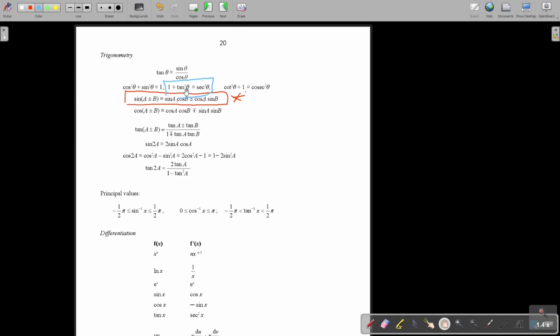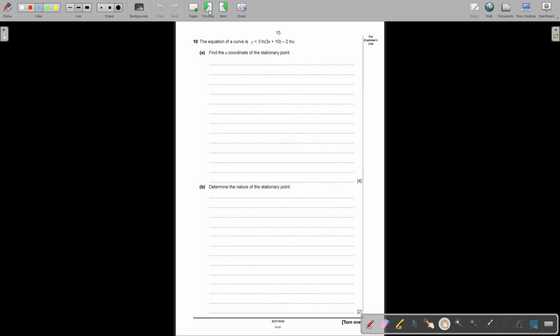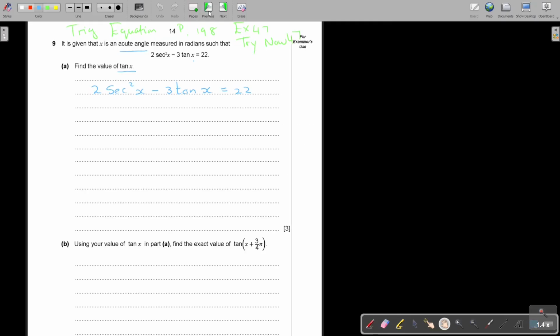Okay, so let's go back to the question. I said that in the place of sec squared x, I'm going to write tan squared x plus 1, so 2 times that minus 3 tan x equals 22.